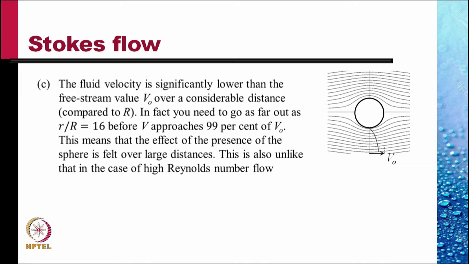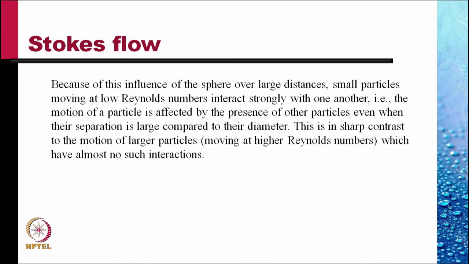This is also unlike that in the case of high Reynolds number, where the flow velocity approaches the free stream velocity within less than 2 diameters from the center of the sphere. Because of the influence of the sphere over large distances in low Reynolds number flow, small particles moving at low Reynolds number interact strongly with one another.